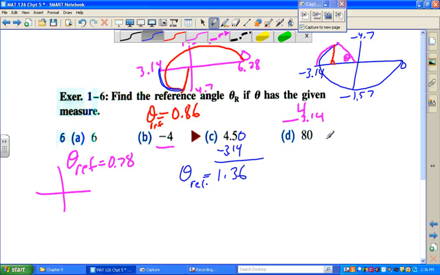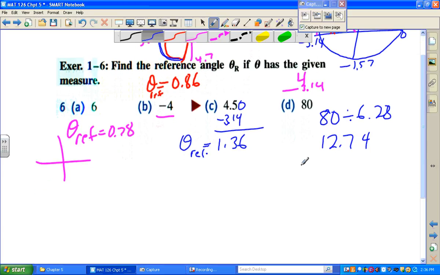80. Well, if each lap is 6.28, how many laps is that? It's 12.74 laps, right? So how many radians is 0.74 of a lap? 0.74 of 2 pi is how much?